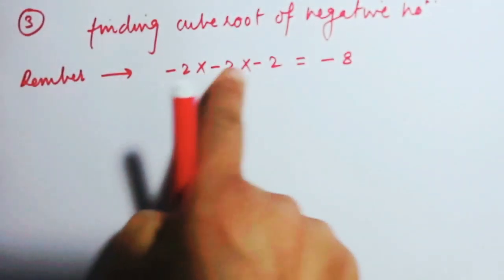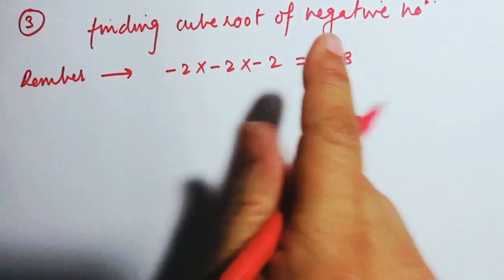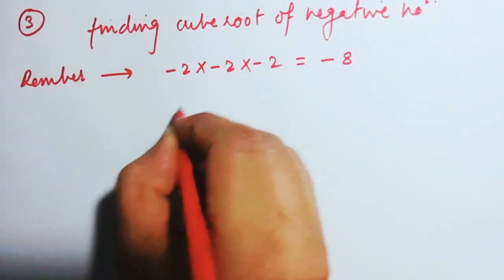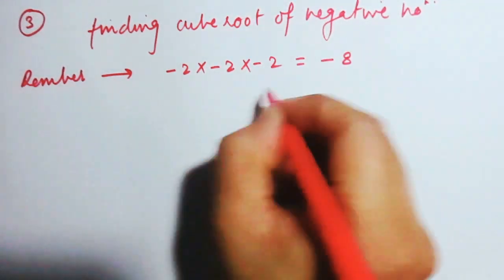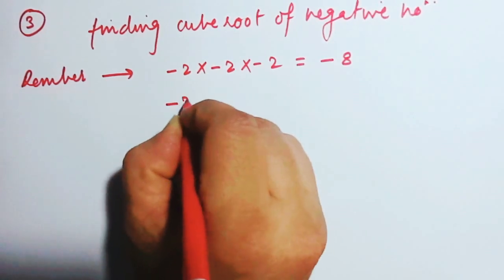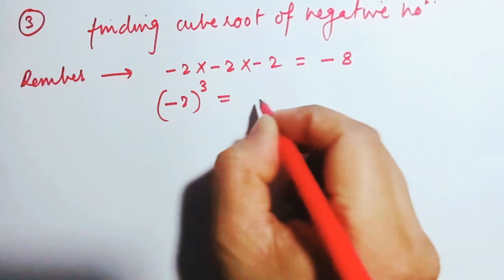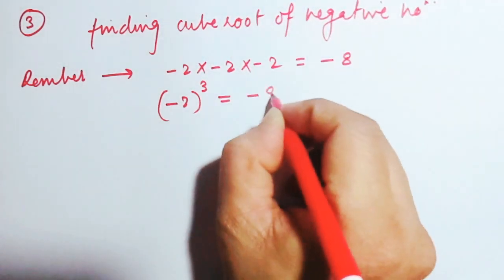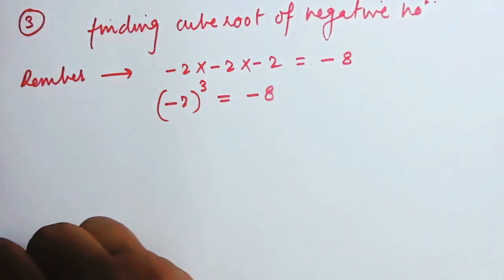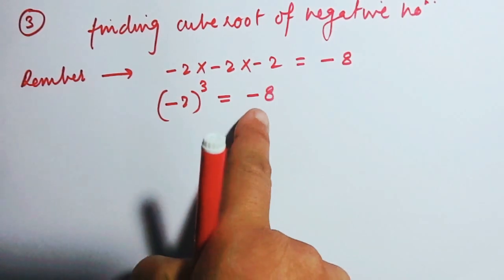Minus into minus is plus, plus into minus is minus. This means if minus 2 whole cube is there, you will get its value in negative only, minus 8. Clear? I hope this is loud and clear.